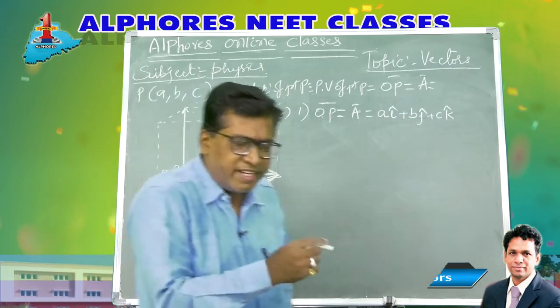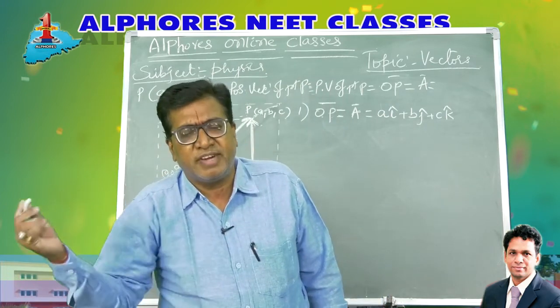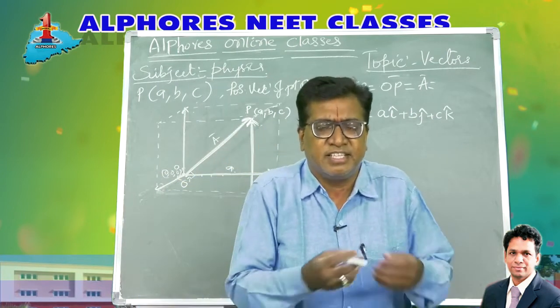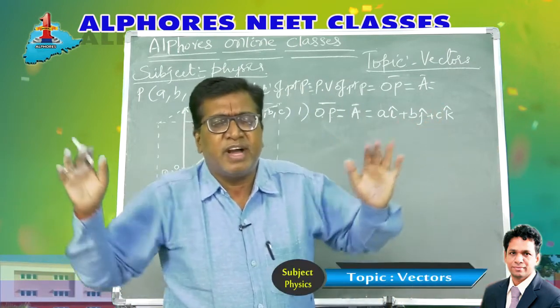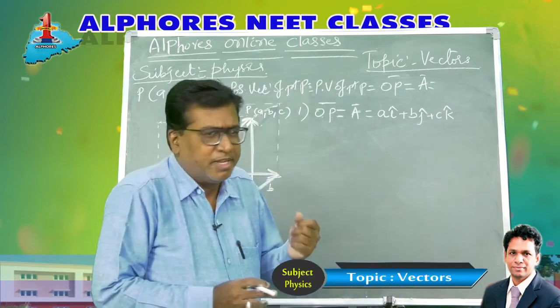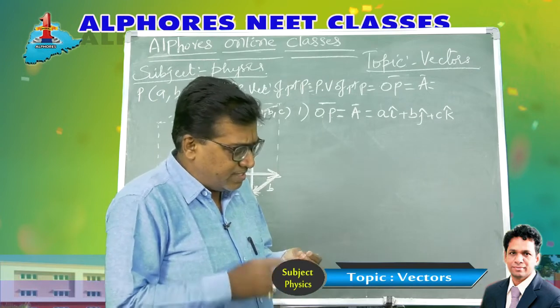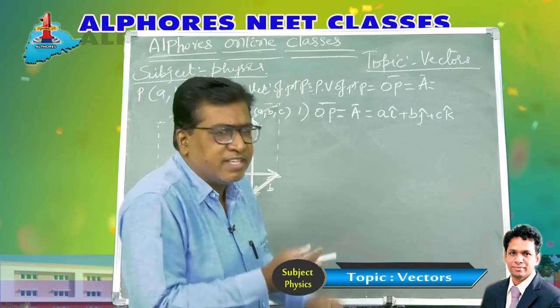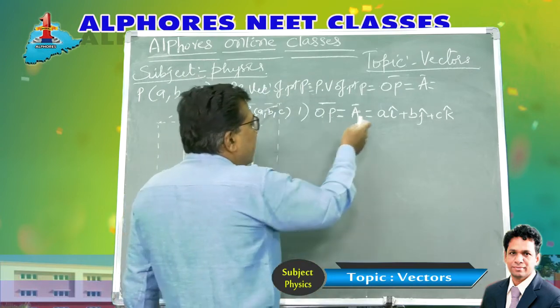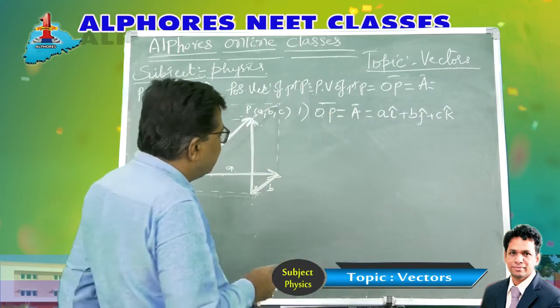Instead of writing it in expanded form, I write in short. I am decreasing the number of bytes in memory, right? Any science subject symbolizes things and puts them in short. So it is A I cap plus B j plus C k, the position vector of point P. Good. Next.